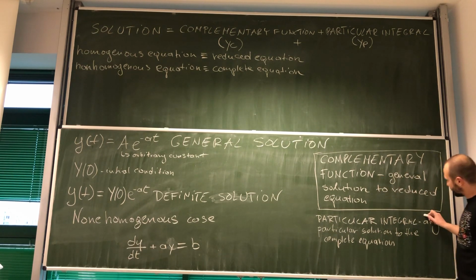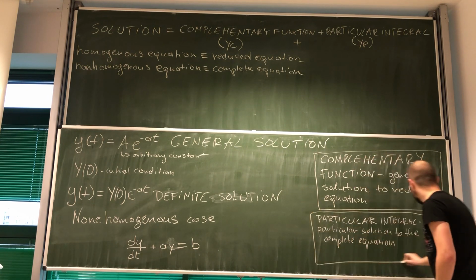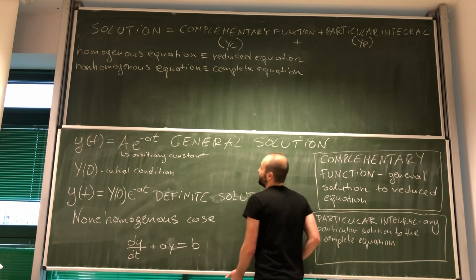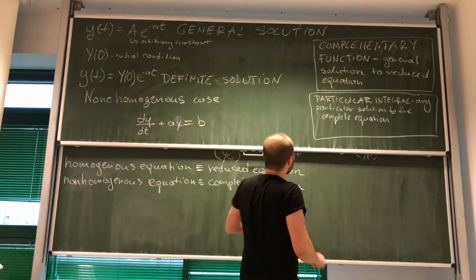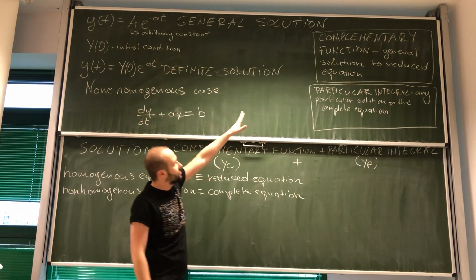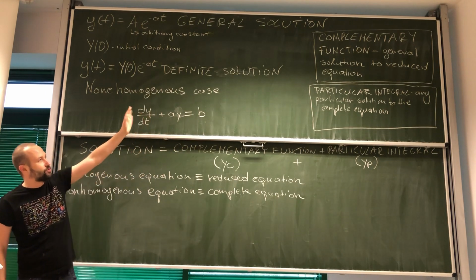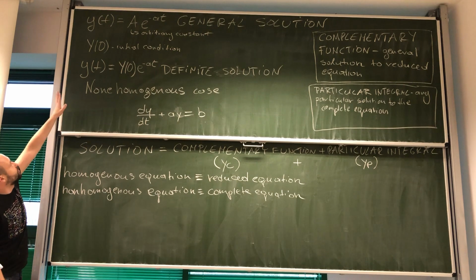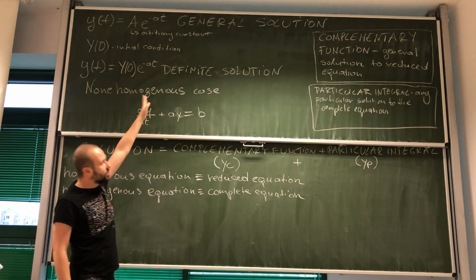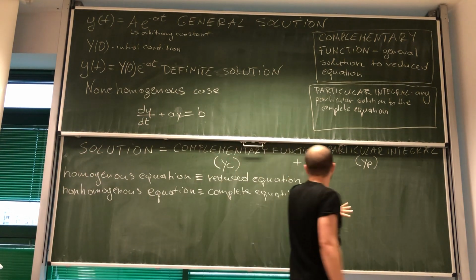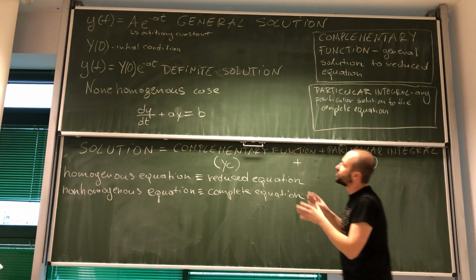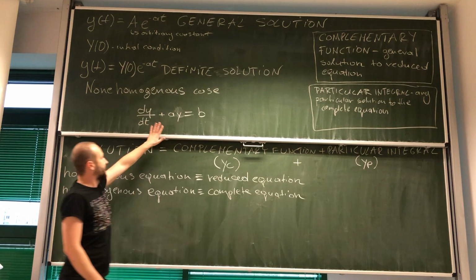Okay, and this information over here is very important to us, because now that we know that complementary function is just general solution to the reduced equation, it means that this general solution that we've obtained will not only work for homogeneous case, but it also is going to work for non-homogeneous case.